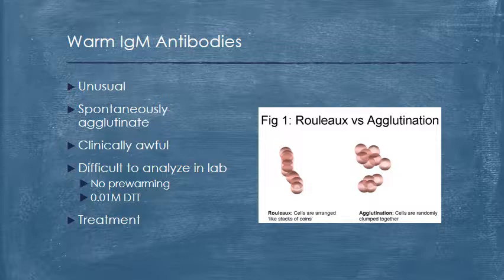Okay, so in this case, if you have a warm IgM antibody, then you need to actually treat the red cells, and we treat them with 0.01 molar DTT to remove the IgM from the red cell, and then again spin the cells down, remove the supernatant and wash the cells, and then you have a cell population that should allow a valid ABO and RH typing as well as valid DAT results, because the DTT should only remove IgM.